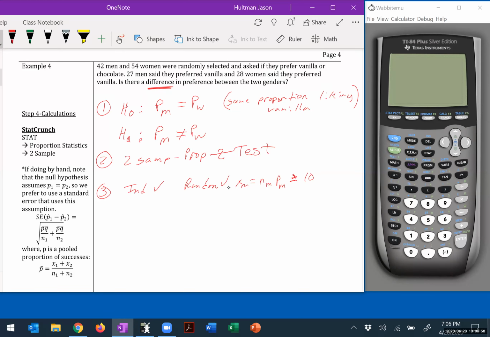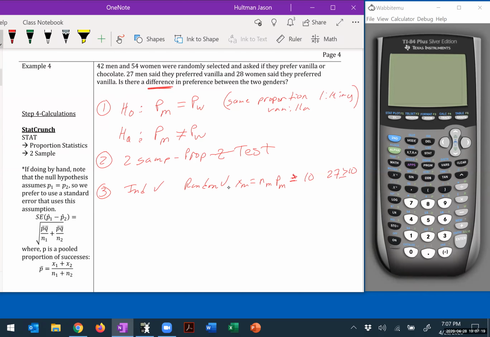Not to be confused with the Marvel franchise. But the x for men is just the number of men who liked vanilla. And the number of men who liked vanilla was 27, and that is greater than or equal to 10.